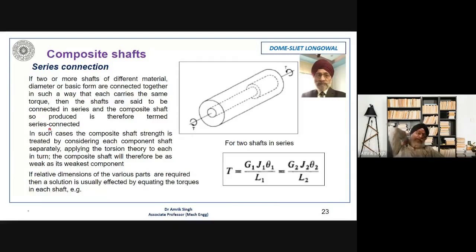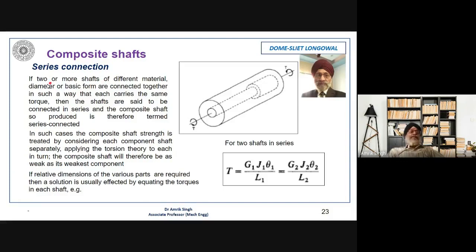Now, till now we have understood the shaft can be of uniform cross section. That means either a hollow shaft or a solid shaft, but their cross section is the same throughout the length. At the same time, we can have a different shaft also, which is known as a composite shaft.